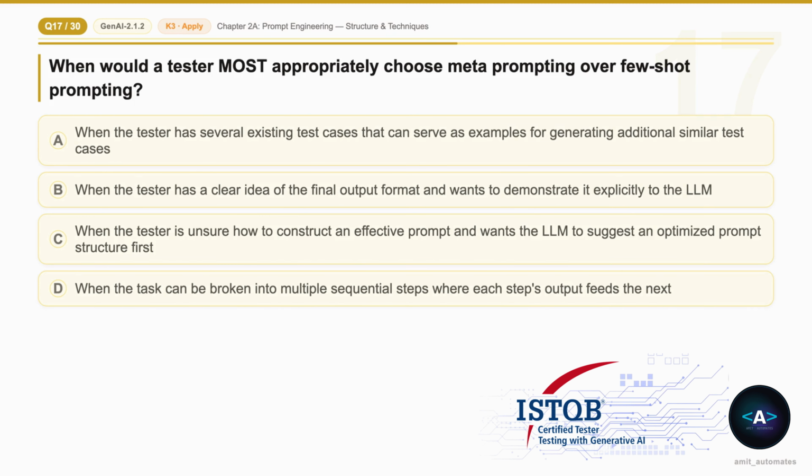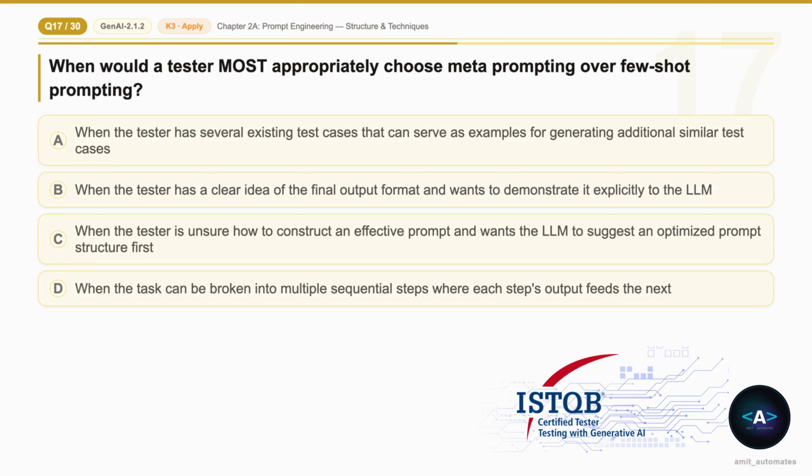Question 17. Learning Objective GenAI 2.1.2. Difficulty level K3. When would a tester most appropriately choose meta-prompting over few-shot prompting? Your options are A. When the tester has several existing test cases that can serve as examples for generating additional similar test cases.